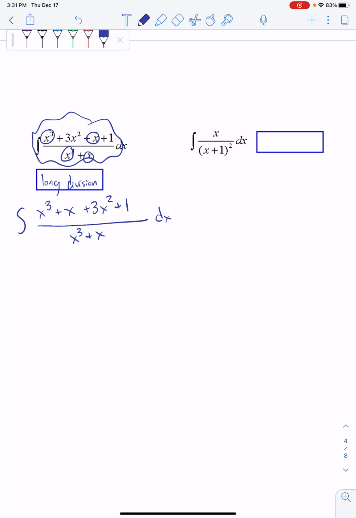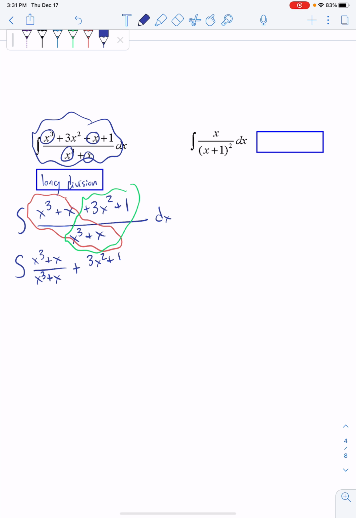Now the reason I'm rewriting it that way is I want to split this up into two different fractions. So I'm going to split this up as x cubed plus x over x cubed plus x. Basically, I'm taking this part, and then I'm going to take this part as my other fraction, okay? Then I'm going to add 3x squared plus 1 over x cubed plus x dx.